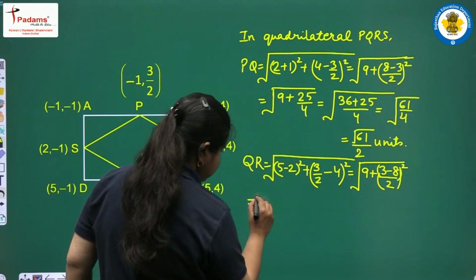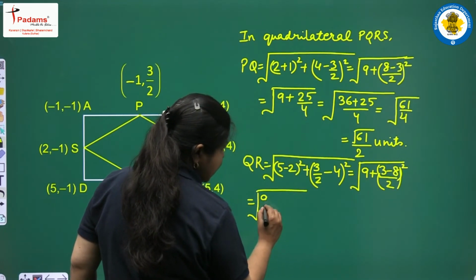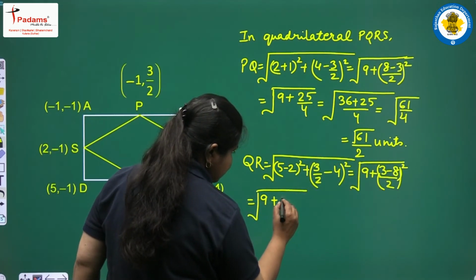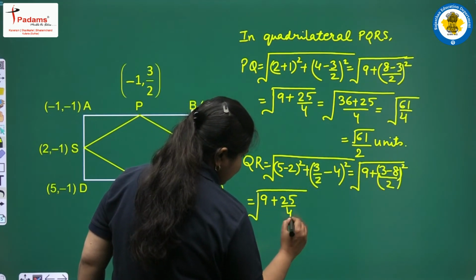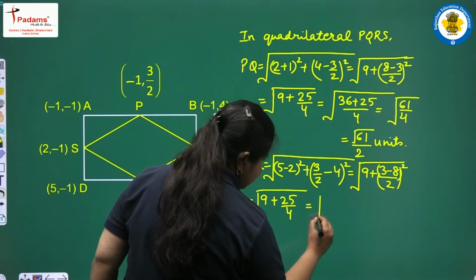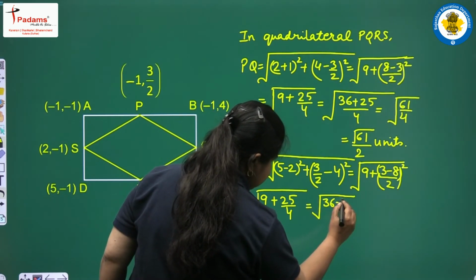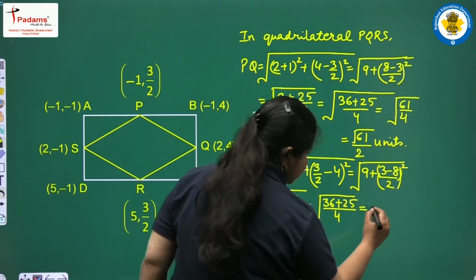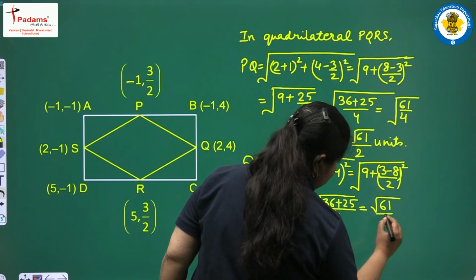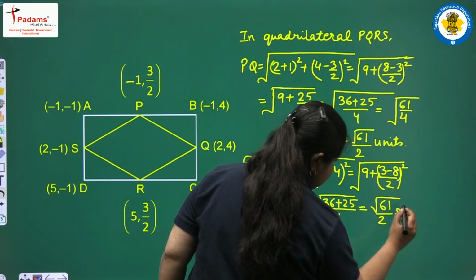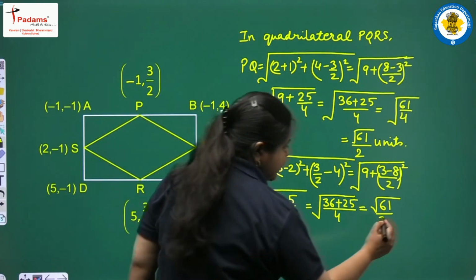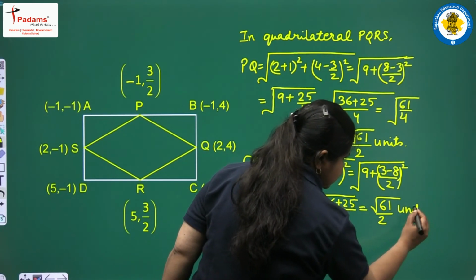This will give you square root 9, and here -5 will be left, -5 square is 25 and upon 4. This will further be square root 36 plus 25 upon 4. This will be equal to square root 61 upon 2, not square, it is not the area, only distance, so it will be units.